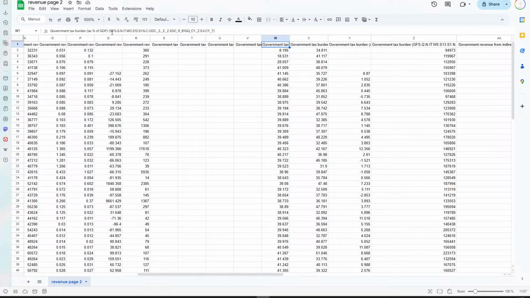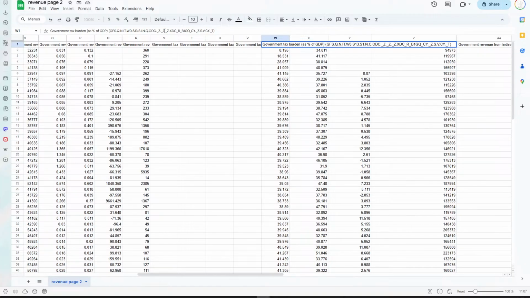Okay, so GFS, government finance statistics, Q quarterly frequency, N national currency, IT Italy, W not consolidated, S13 revenue, S1 taxes, not seasonally adjusted at current prices, XDC domestic currency unit, which is the euro, thank God.